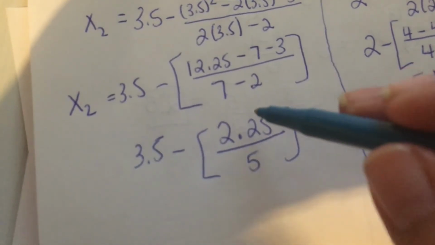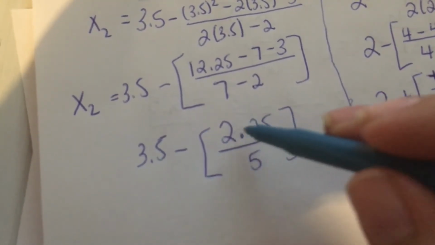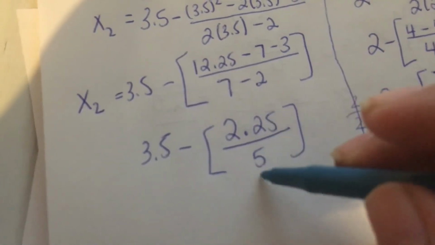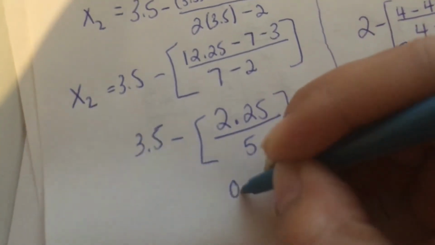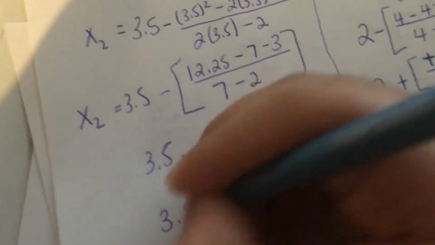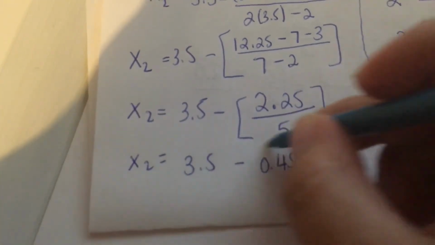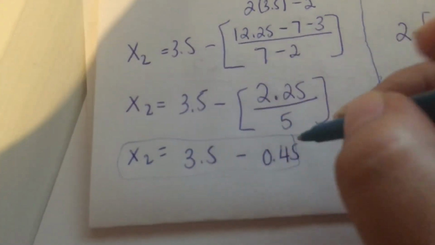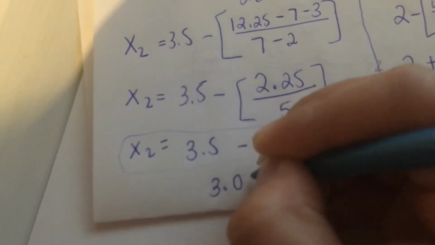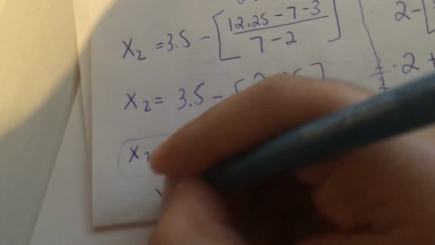So when we do that, 2.25 divided by 5 will give you 0.45 minus 3.5. Forgot to write down my x's. And then subtract these two numbers and we get 3.05, which is our x sub 2.